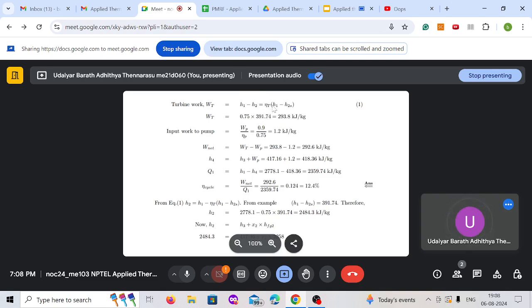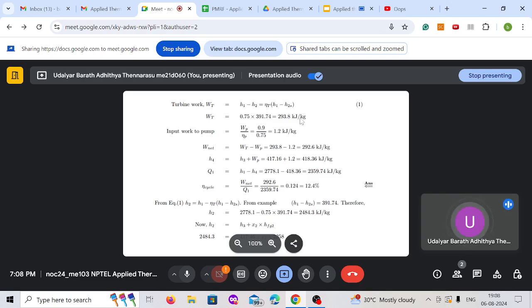So from there we can find the actual work output: H1 minus H2 equals the turbine efficiency times the reversible adiabatic enthalpy change, H1 minus H2S. So the turbine work is 0.75, because 75% is the efficiency of the turbine, times the enthalpy change of 391.74, which comes out to be 293.8 kilojoule per kg.